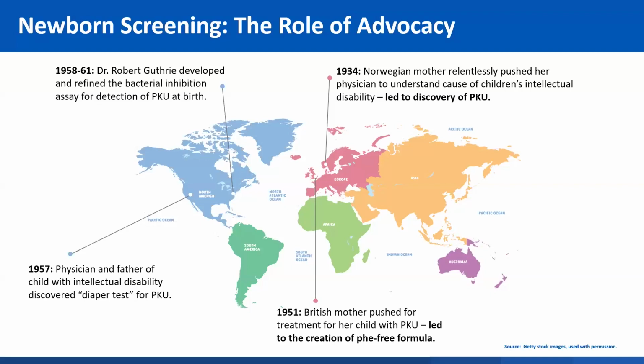Moving along to 1951, the treatment of PKU, which is the removal of phenylalanine from the diet. This was largely discovered due to the perseverance of a British mother with a child that had PKU.